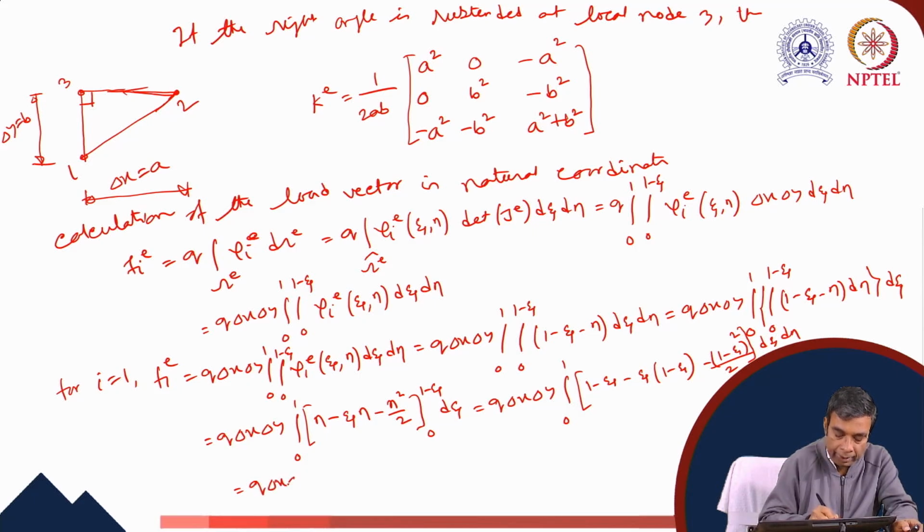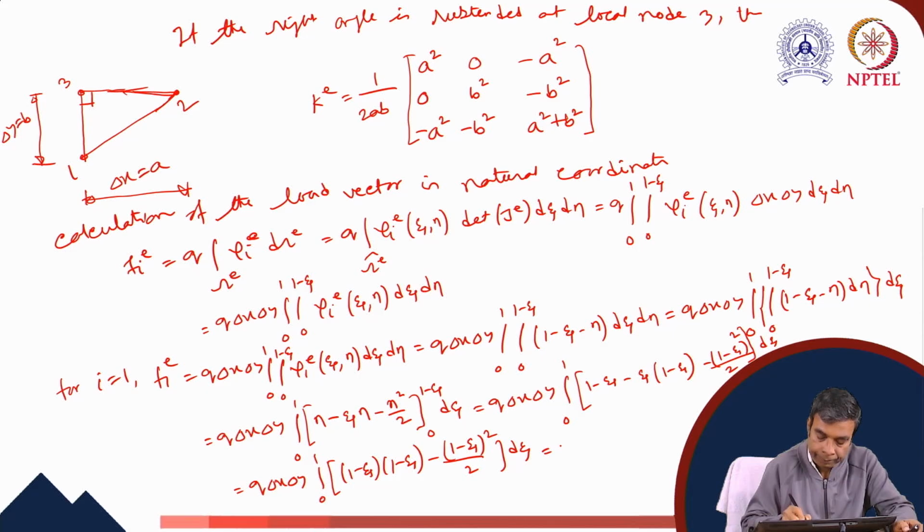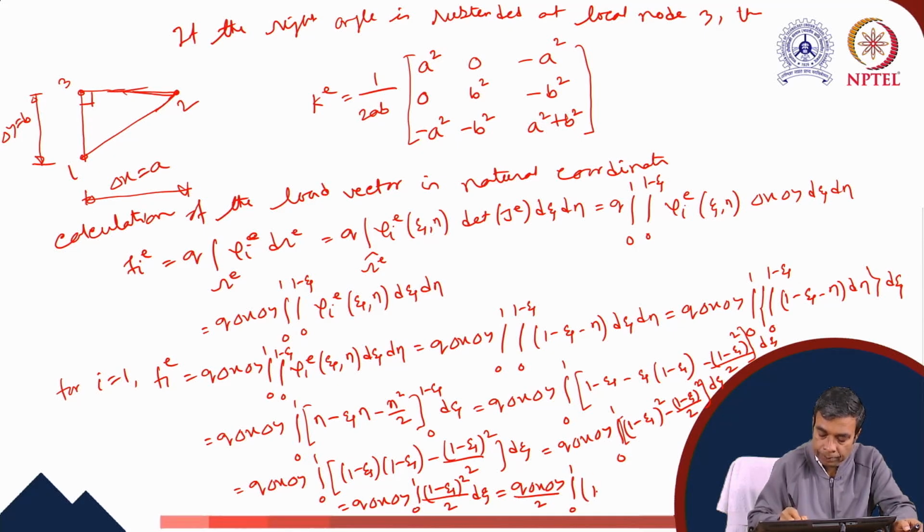This gives us Q into del x del y integration 0 to 1 of (1 minus xi) into (1 minus xi) minus (1 minus xi) whole square by 2 d xi, equals Q del x del y integration 0 to 1 of (1 minus xi) whole square minus (1 minus xi) whole square by 2 d xi, equals Q del x del y integration 0 to 1 of (1 minus xi) whole square divided by 2 d xi, equals Q del x del y by 2 integration 0 to 1 of (1 minus 2 xi plus xi square) d xi.